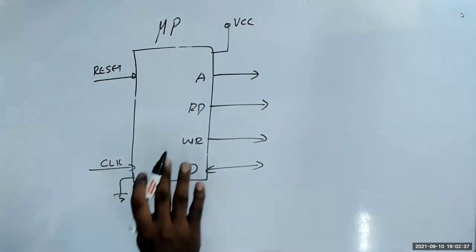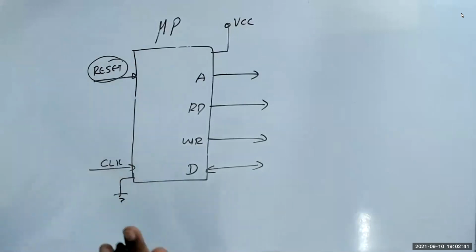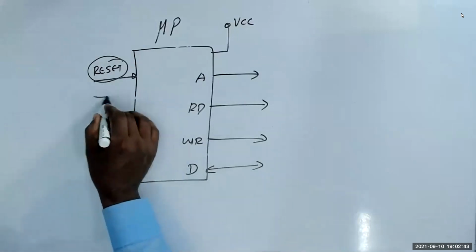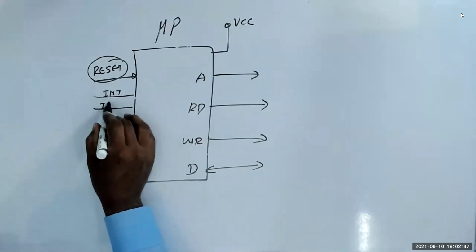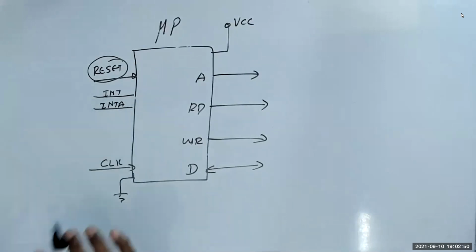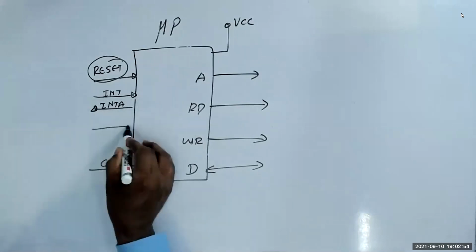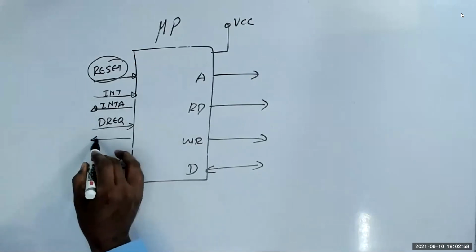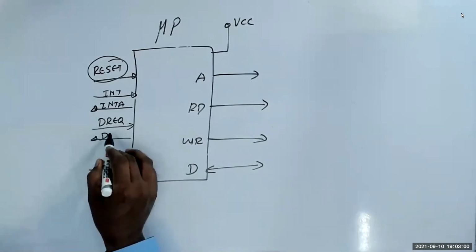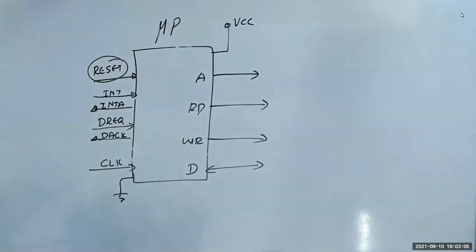Clock determines how fast the things are operating, and reset determines to start from the beginning. And we have two more signals called interrupt and interrupt acknowledge, to tell you that, hey, I interrupted you, I accepted your interrupt. Next one is DMA: DMA request, DMA acknowledge.